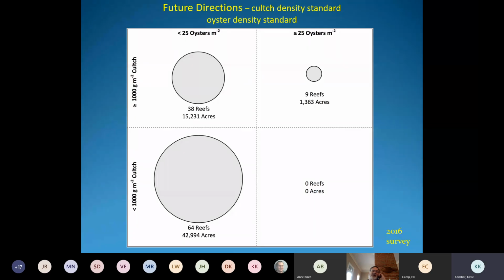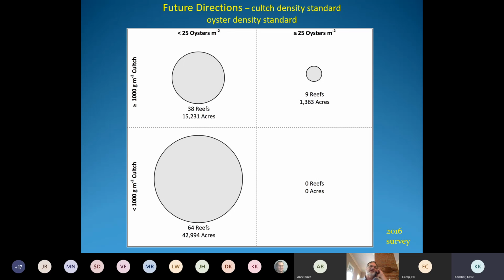Okay, and I showed this slide last time as well. This was from a 2016 survey where I just looked at the data and asked the question, under what conditions do we get good harvest on Louisiana reefs? And good harvest here, I'm not talking about hundreds of sacks or even a few thousand sacks, but tens of thousands of sacks.